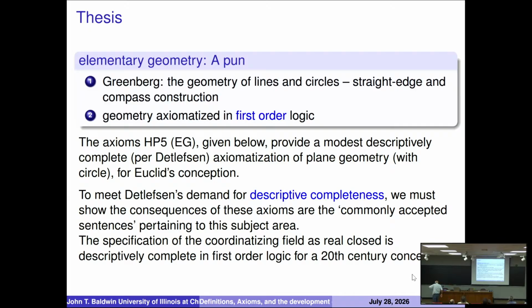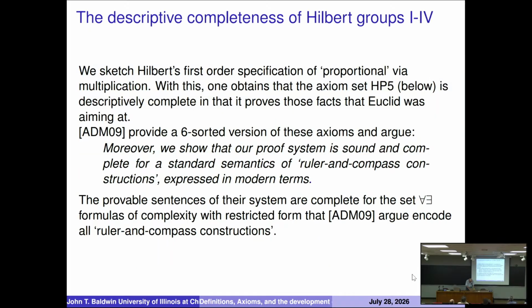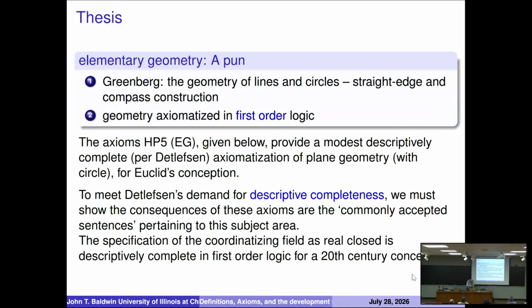So the claim is, okay, I guess I've got a couple of pages later, but elementary geometry includes the circle axiom, and HP5, Hilbert plane with the fifth postulate, is what Hilbert is using.